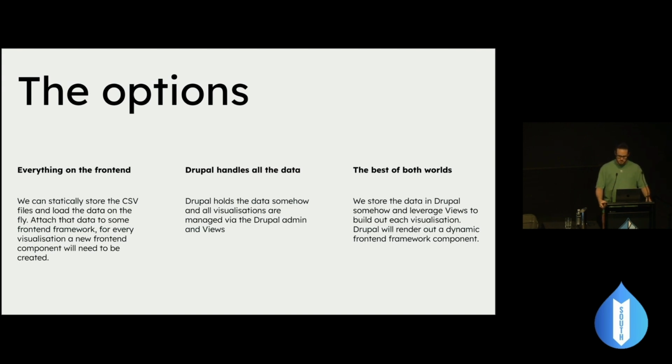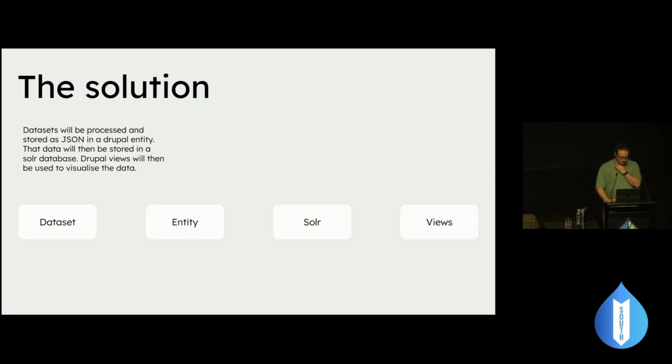That's an option. That's okay. Or we could do the best of both worlds and let Drupal handle the data part and let a front-end framework handle the front-end bits, so it's not clunky. So we decided to go with the best of both worlds.